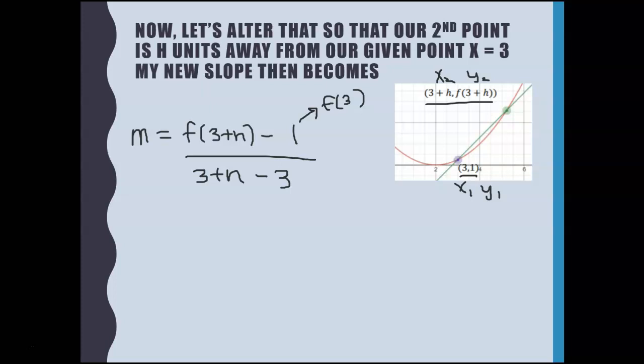Let's clean it up algebraically. So that's 3 plus h squared, because our original equation is x squared, minus 4 times 3 plus h, plus 4, minus 1, all over, well, 3 plus h minus 3 is h.